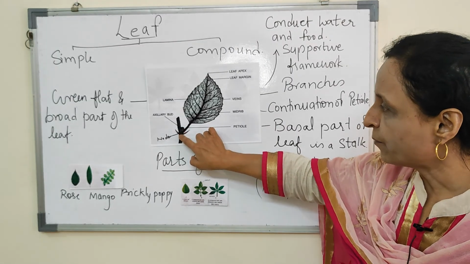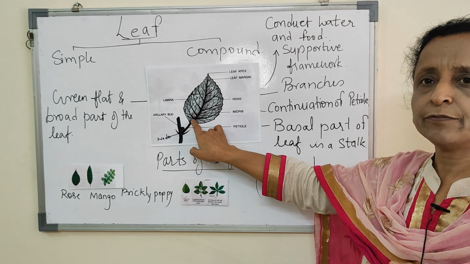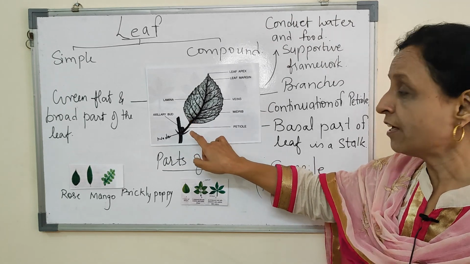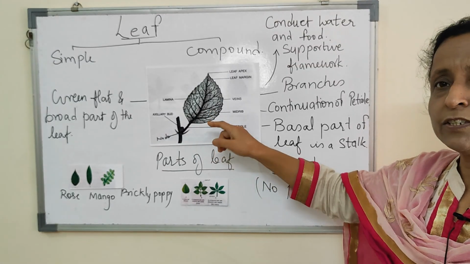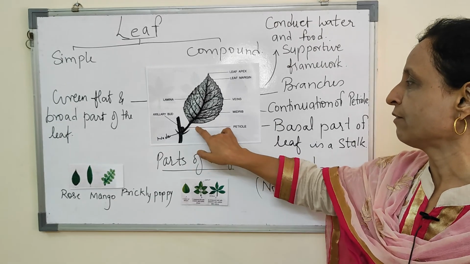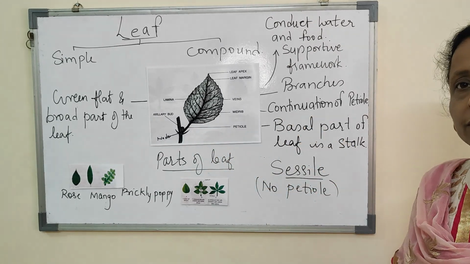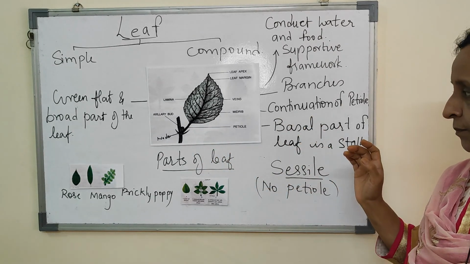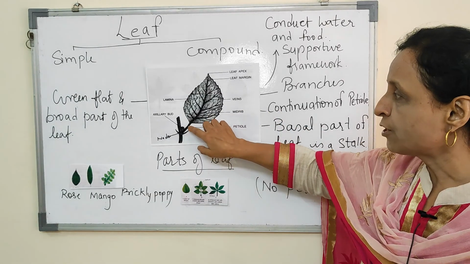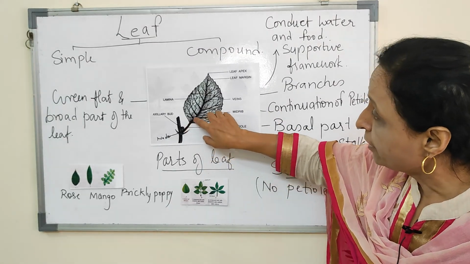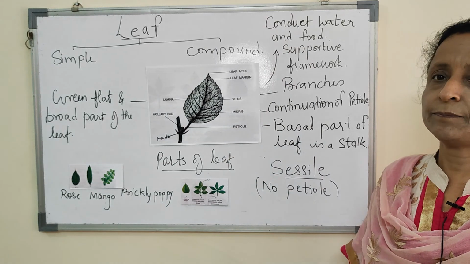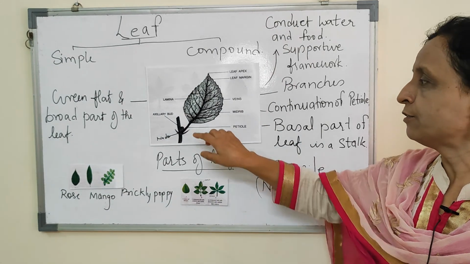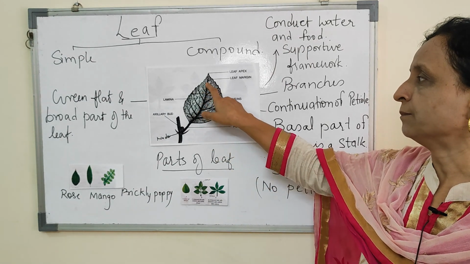And then from this arises the leaf, which is the initial part of the leaf, that's the petiole. That's the stalk. And this petiole continues into the midrib.